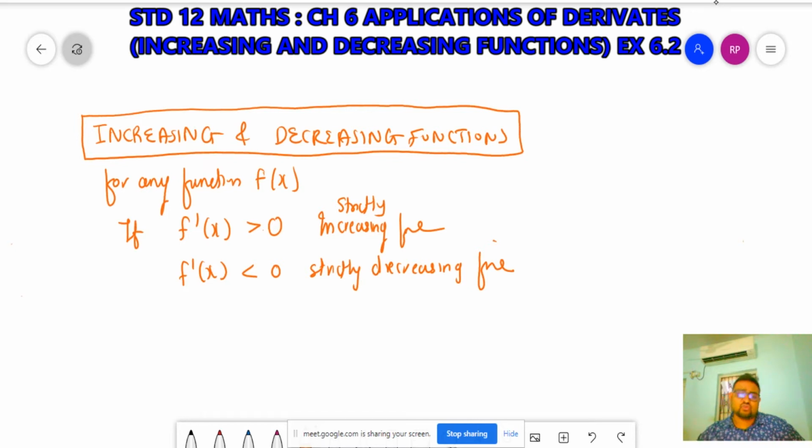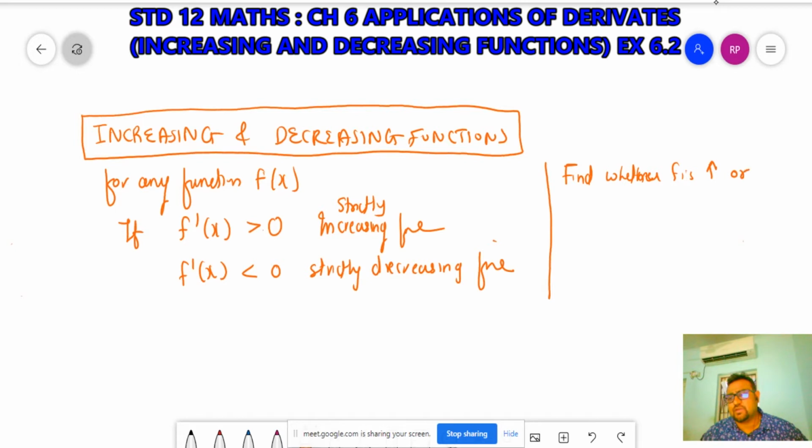Okay, so two types of questions are asked. First type of question will be: find whether f is increasing or decreasing.